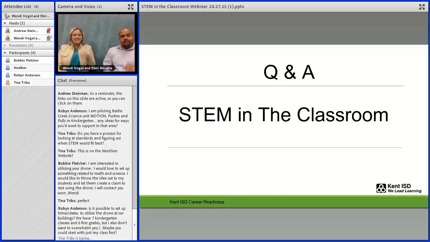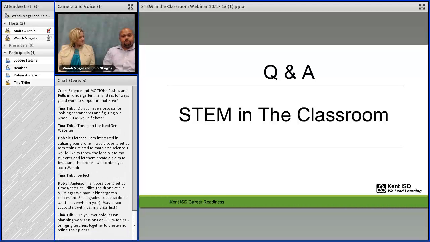And as long as you guys are asking about some technology that might be available to you, in addition to that, the ISD also got some grant-funded 3D printers. I say printers because we do have two.